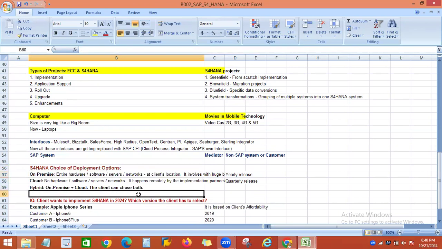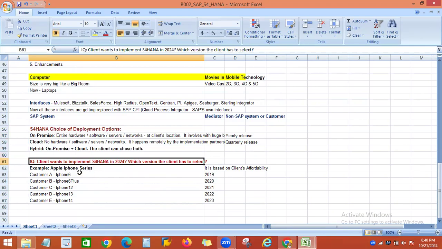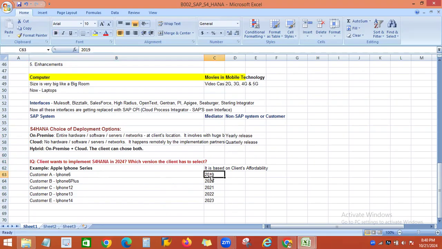Also, one very important interview question: we have SAP S/4HANA releases like 2019, 2020, 2021, 22, 23. So the question is, exactly which version should the client select?